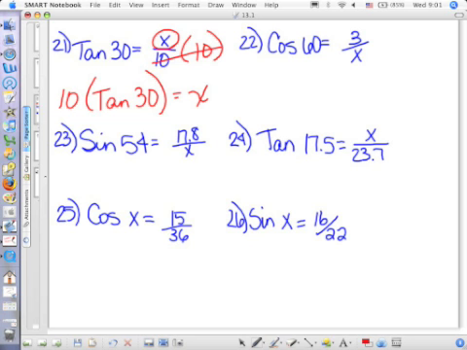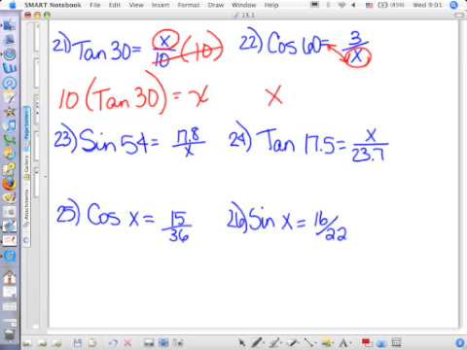In number 22, x is now in the denominator of the fraction. If I want to find the value of x, I have to make it a whole number. So there are actually 2 steps that need to be taken to get x by itself, but ultimately these 2 simply switch, because we're going to multiply both sides by x, and then divide by the cosine of 60.